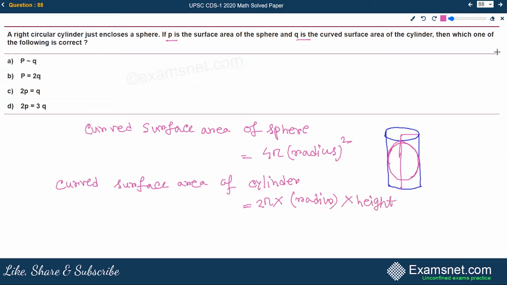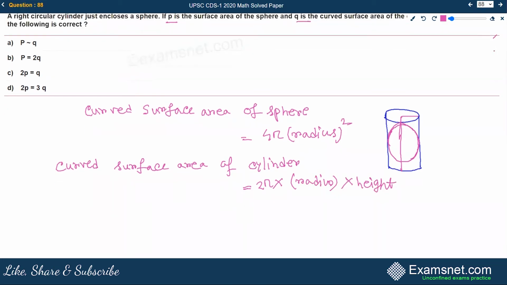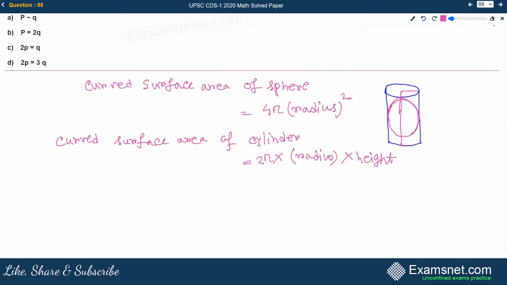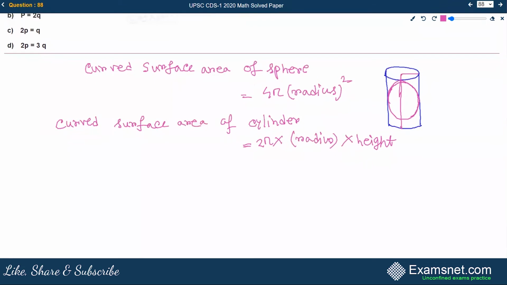Okay, now if a sphere is enclosed in a cylinder, so when a right circular cylinder encloses a sphere, look at this figure. So the radius of the sphere and the cylinder must be equal.